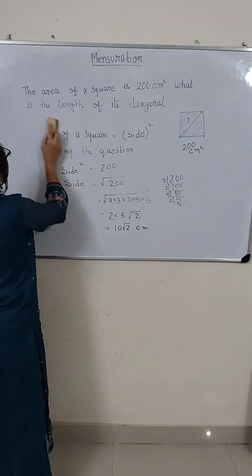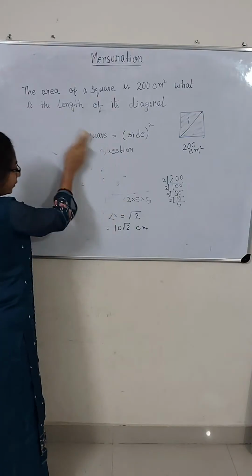Okay, then I go to the formula of diagonal.